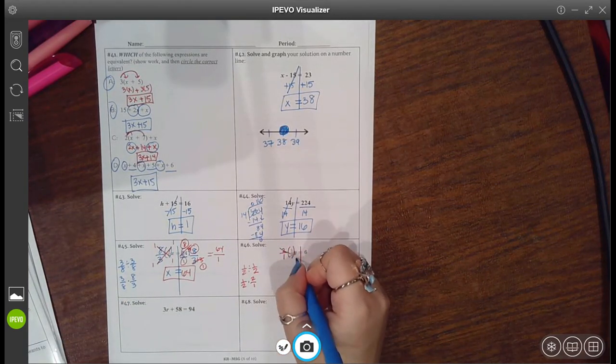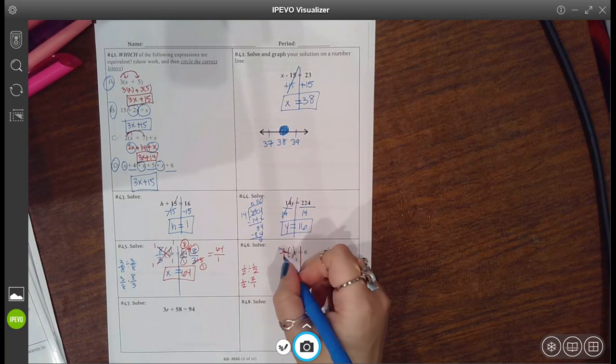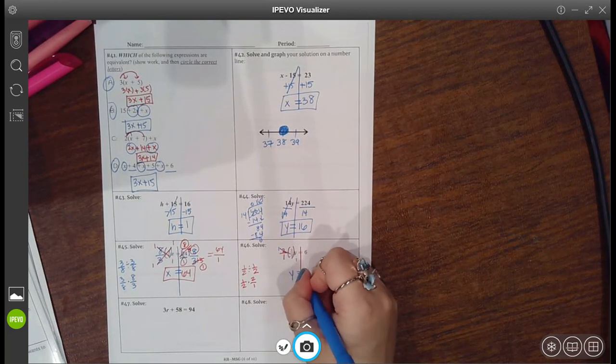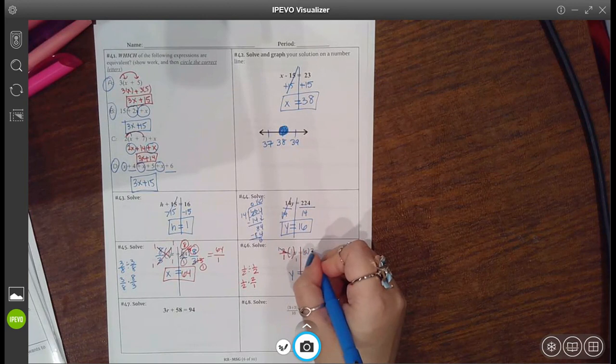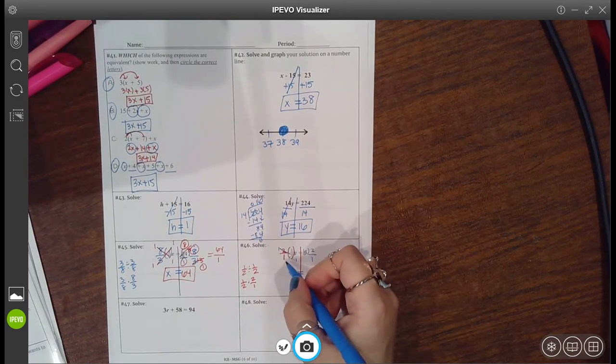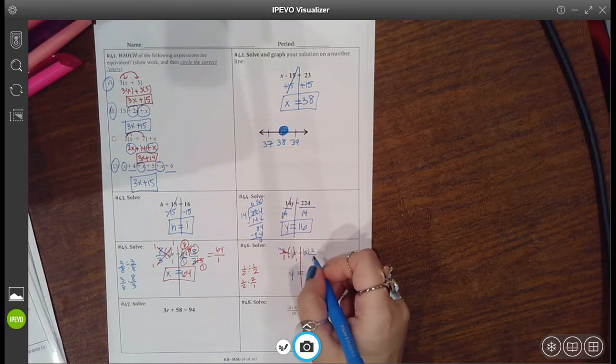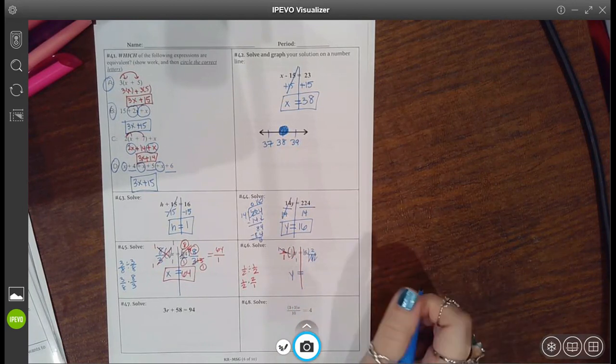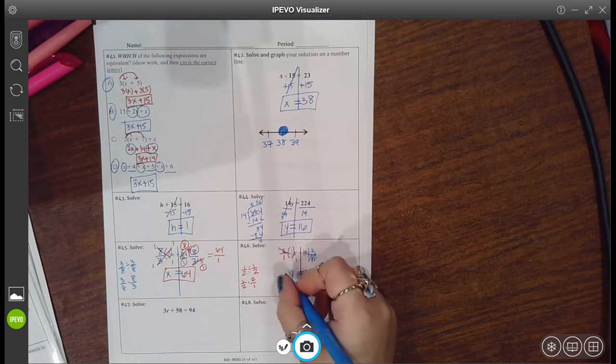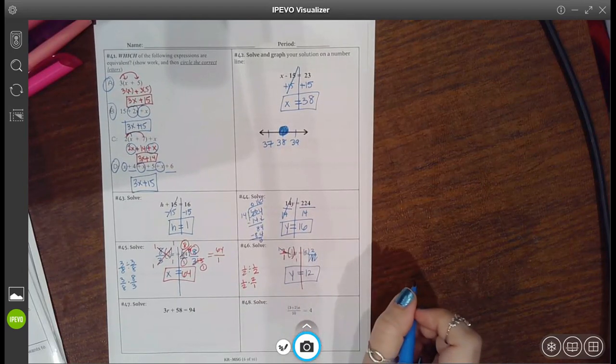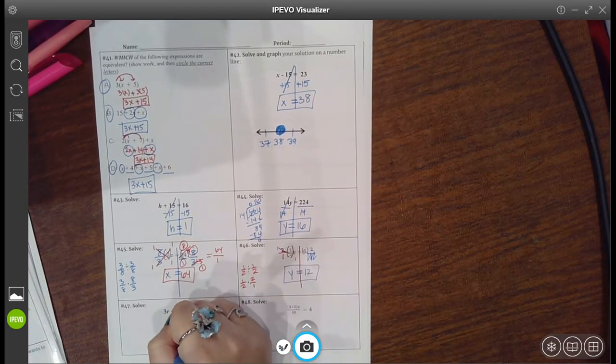So those cancel and become 1, and those are already 1, and 1 times y is just y. I can do that as long as I do the same thing to the other side. Since I randomly multiplied this side by 2 over 1, multiply this side by 2 over 1, or just 2, right? And 6 times 2 is 12. Okay, tricky.